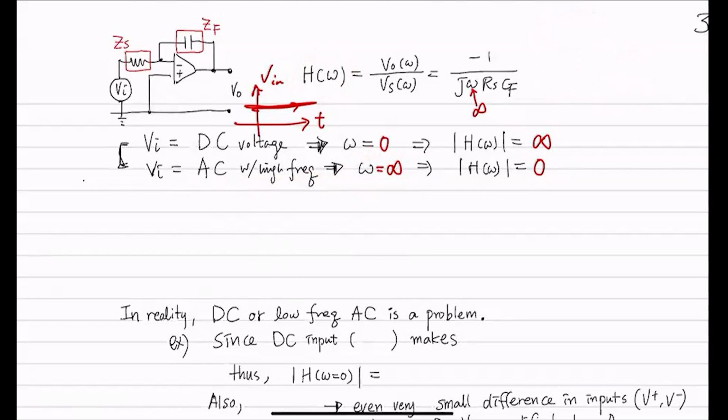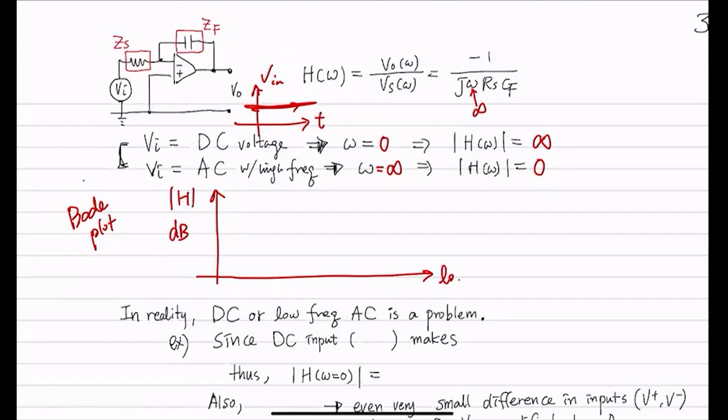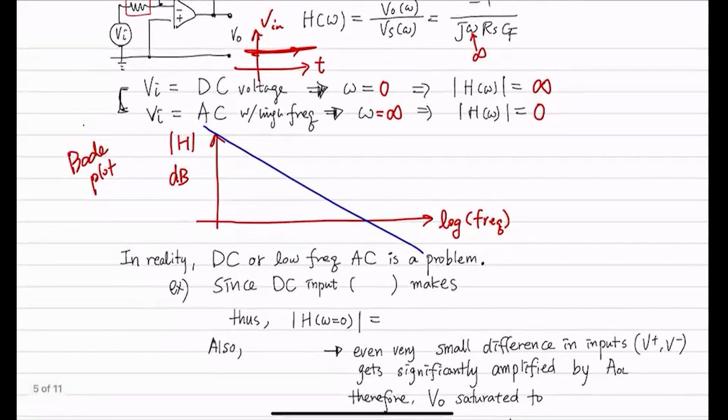So if we plot that in a Bode plot, that is in decibel scale, right? And we are looking at the output to input magnitude ratio, and log of your input frequency. Then for this here, it's going to look like a straight line going down like this. You can see in low frequency, that is almost like infinite, so it's a very large value.